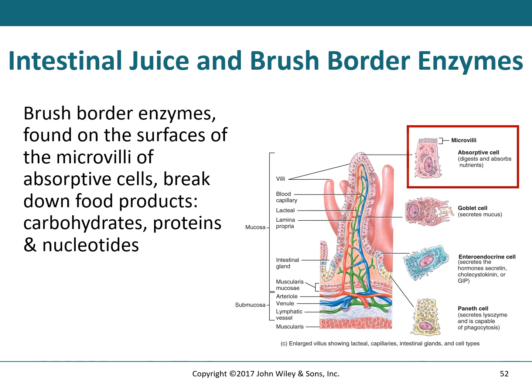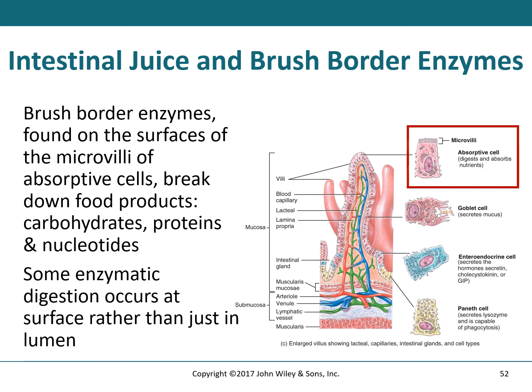Brush border enzymes are going to break down food products, mostly carbohydrates, protein, and nucleotides. And this enables some enzymatic digestion to occur on the surface of those microvilli rather than just in the lumen from other digestive enzymes.